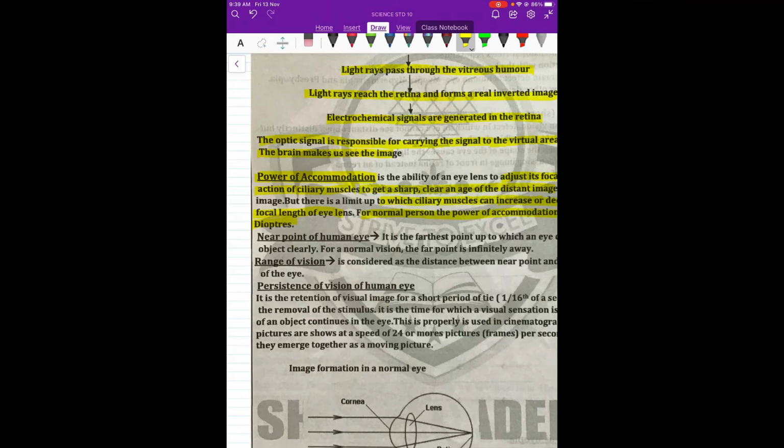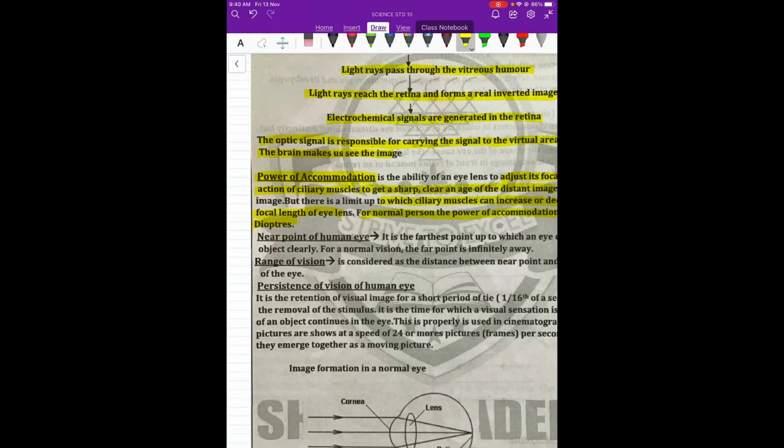Now some people have it right from birth. If you see small kids, they are wearing specs. It is because of a defect: the ciliary muscles are not perfect, due to which the focal length cannot be adjusted and objects cannot be seen sharply, because they are not focused. Now this decreases as per the age.